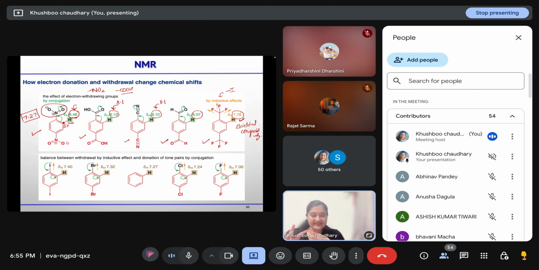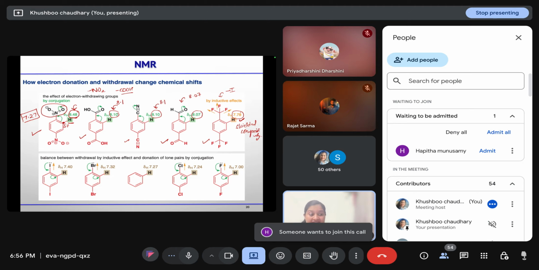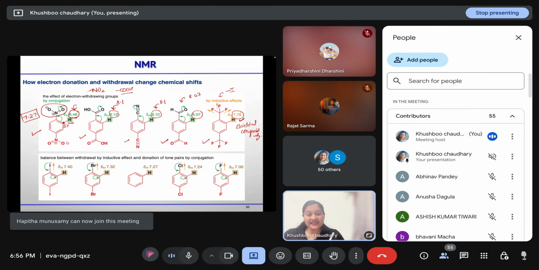So carboxylic acid and nitrile both have the same kind of effect, but in comparison to nitro, they are less electron withdrawing. Aldehyde is even less electron withdrawing, so the value comes around 8.07. And CF3 is pulling the electrons by the minus I effect rather than minus R, so that's why the value is coming around 7.78.